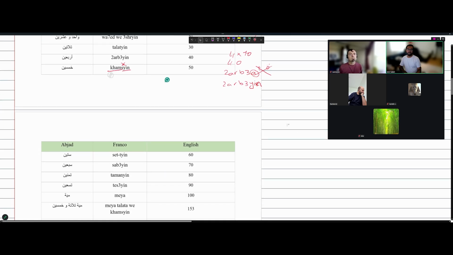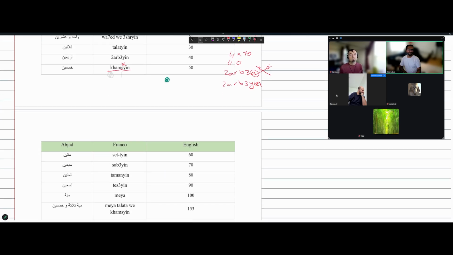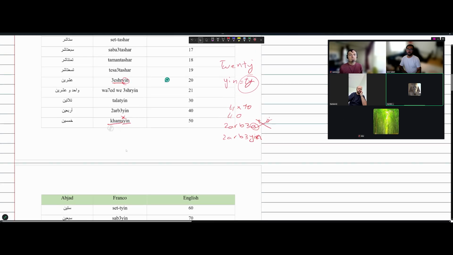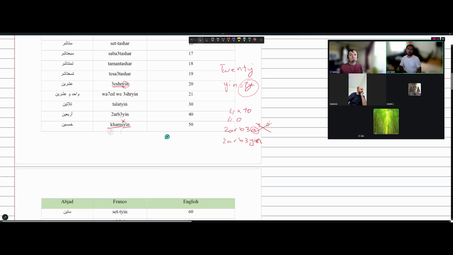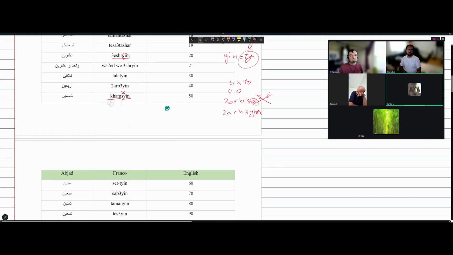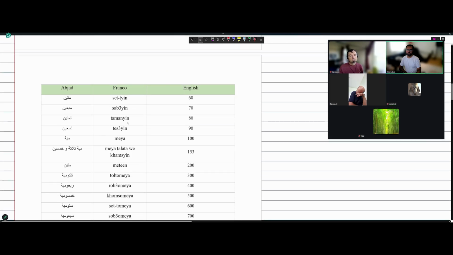Is it making any sense? So far, so good. Anything special about the number 2, or is it like any other number? For example, if you wanted to say 22, 23, it's the same, اتنين وعشرين. It doesn't do anything special because of duals. 16 is also a special case: the T becomes doubled, and that's the only thing.